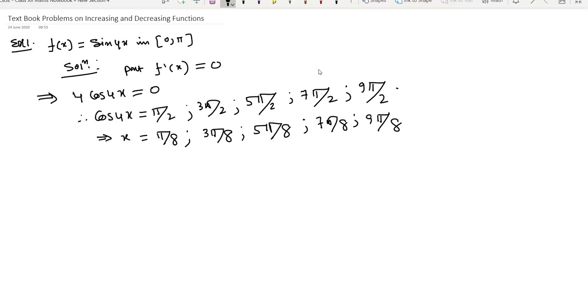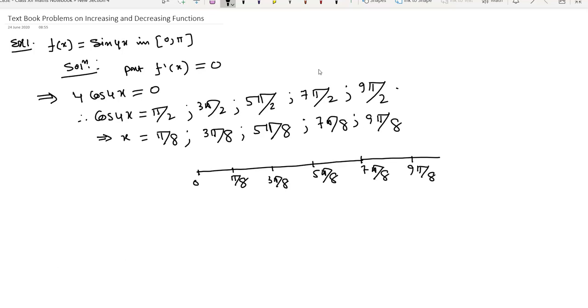So your next step will be just to plot these points on the number line. Okay. These are the points here. I am taking 0 here. Then this is pi by 8. This is 3 pi by 8. 5 pi by 8. 7 pi by 8. 9 pi by 8.